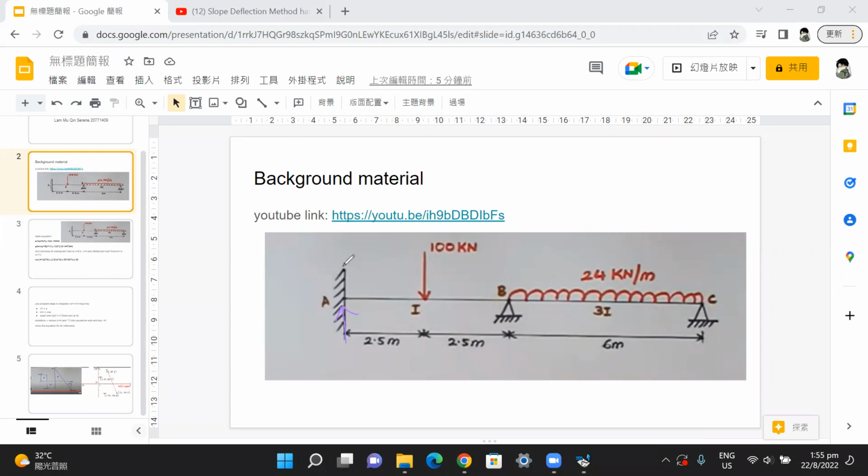And here we could see that there's 3 points A, B, and C. A is a fixed end, and B and C are pin supports. We could easily see that they have an upward force, and we simply call these A, B, C. And for A, because it is a fixed end, it has a moment, and let's call it MA.